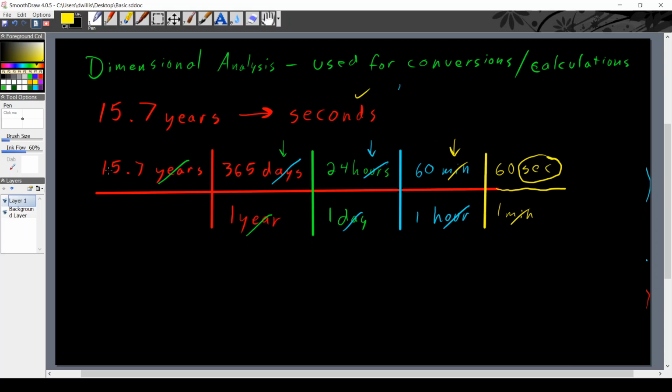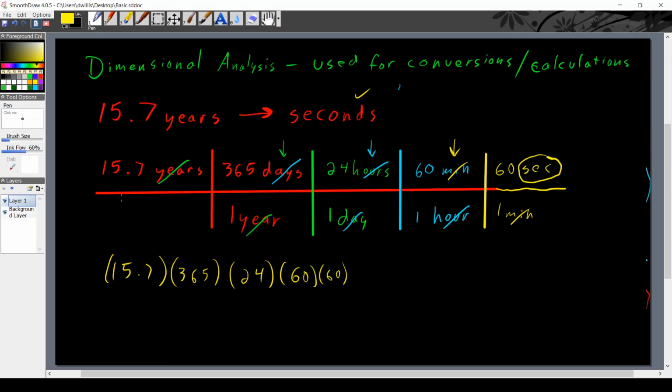So what I'm going to do is do the multiplication all the way across. 15.7 times 365 times 24. Go ahead and do this on your calculator as we're going. Times 60 times 60. Good.